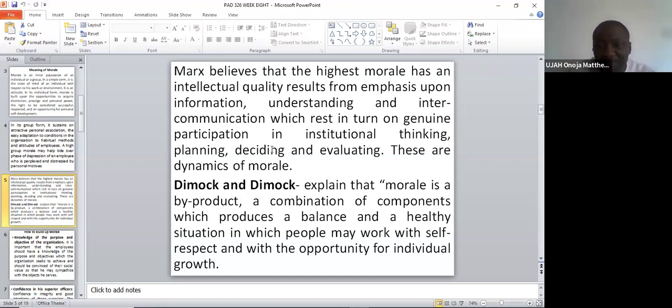Dimmock and Dimmock explained that morale is a byproduct, a combination of components which produces a balance and a healthy situation in which people may work with self-respect with the opportunity for individual growth.